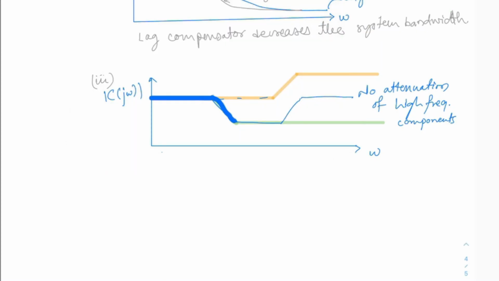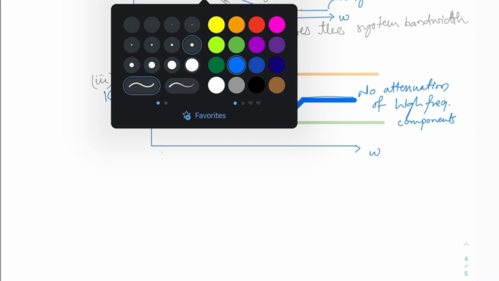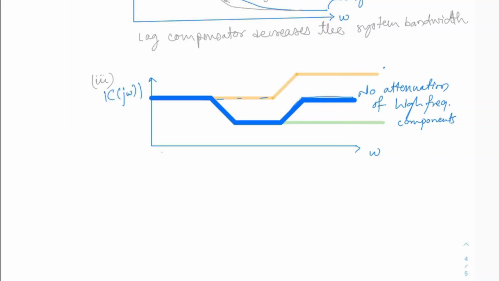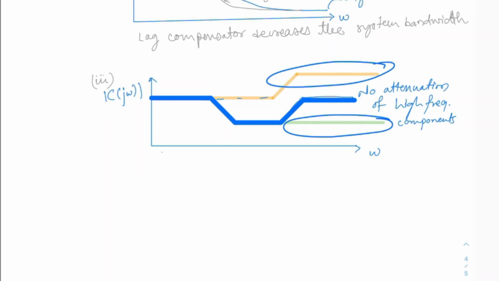Then we are shifting down, holding it the same, coming up, and settling here. So we can see that the lead compensator is here, the lag compensator is here.